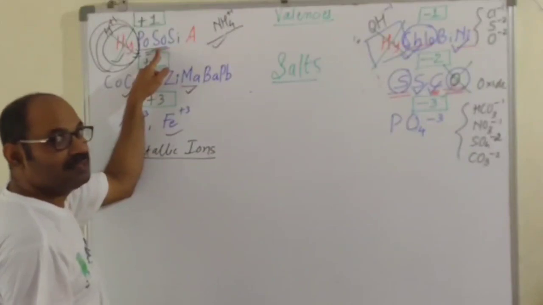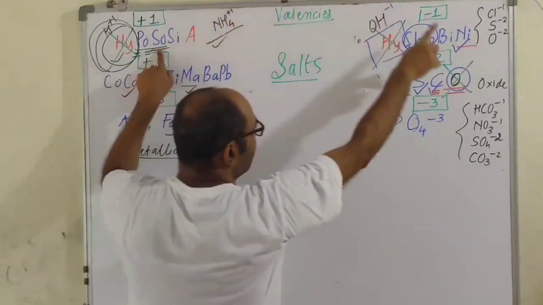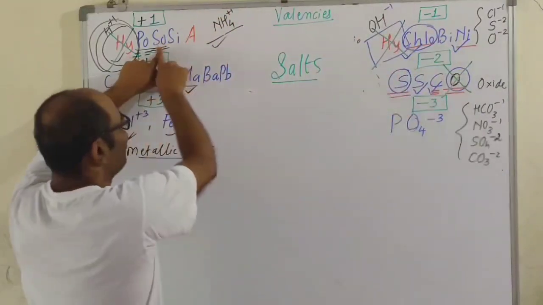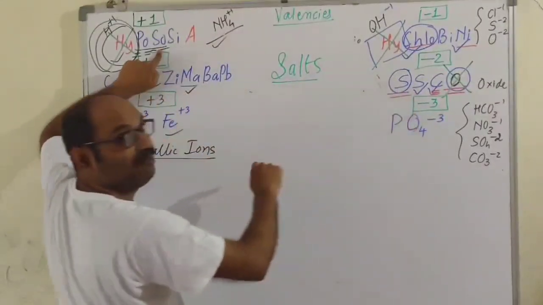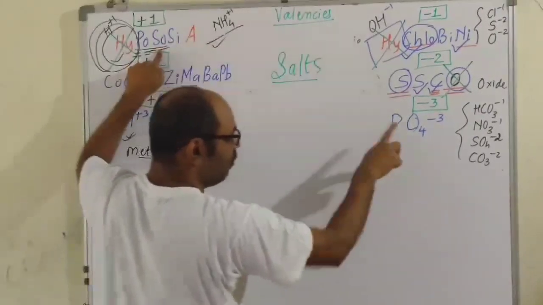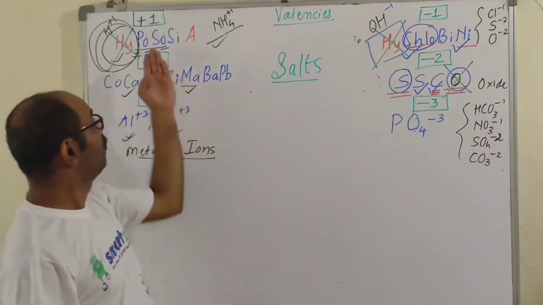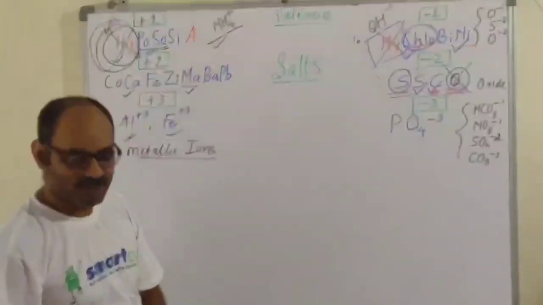Now you can start with this. Sodium chloride, sodium bicarbonate, sodium nitrate, sodium sulfide, sodium sulfate, sodium carbonate, sodium phosphate. These are all salts. If you can start with silver, then copper. So you have got plenty of salt.